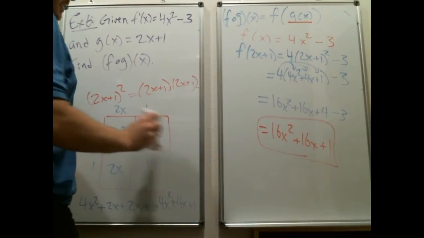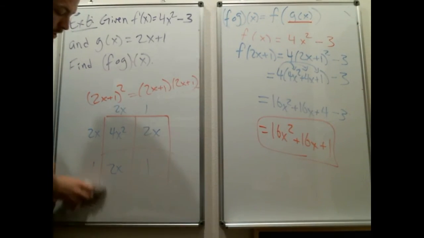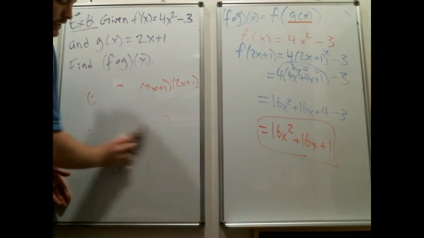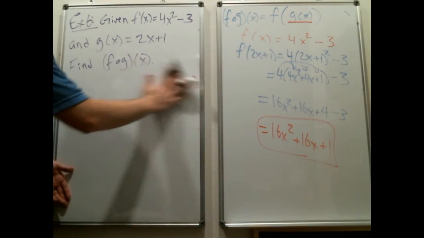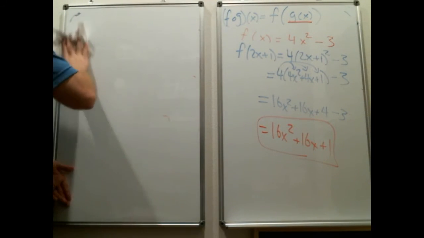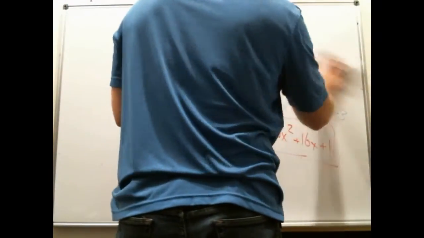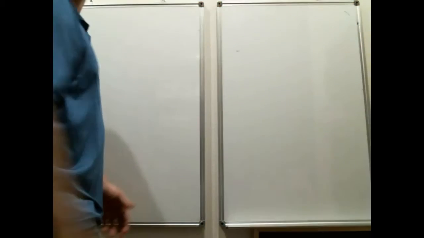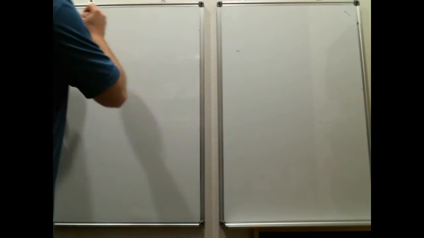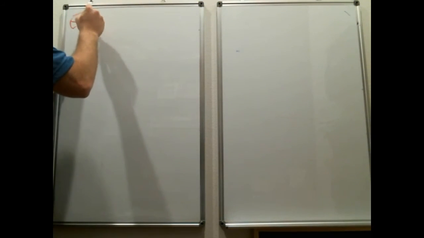Alright. Now let's look at how to find the vertex of a quadratic function. Example 7.